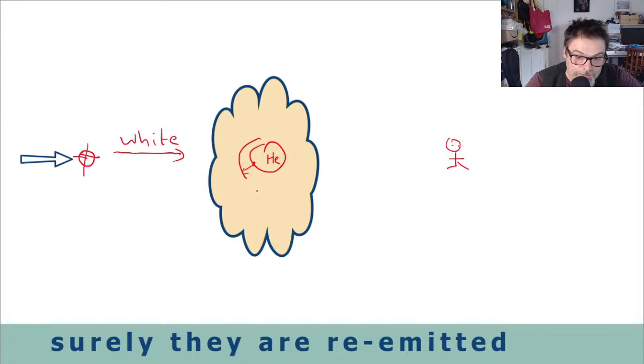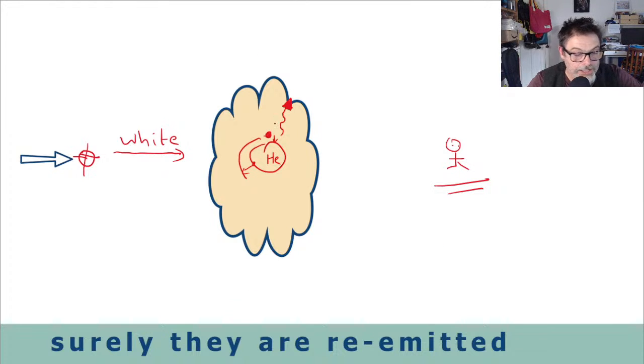So let's just pretend, for the sake of argument, that it's over here when it de-excites. It now de-excites, emitting a photon off in that direction, which of course is never going to arrive over here at the observer.